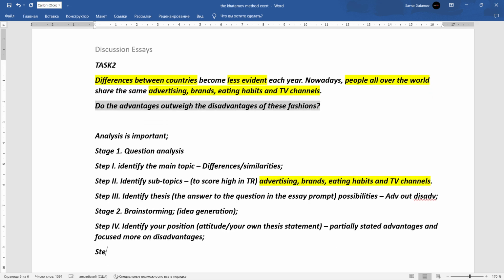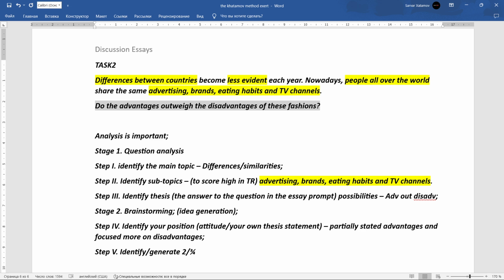Step 5, identify slash generate 3. I'm gonna make it 3 this time, but usually I work with 4. It just depends, 3 or 4. Sometimes it could be 2 as well.